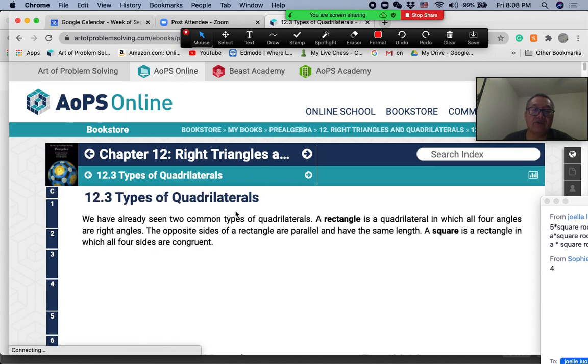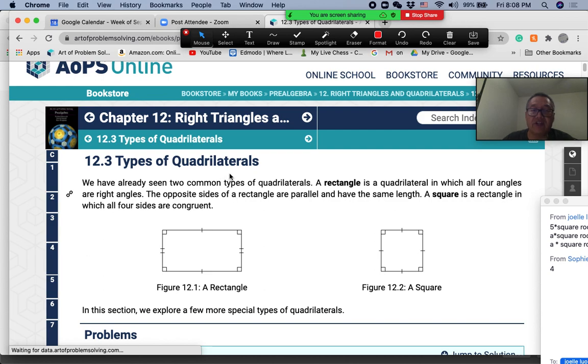Now let's go to section 3. In this section, we'll learn about quadrilaterals. A quadrilateral is a polygon with 4 sides, right?